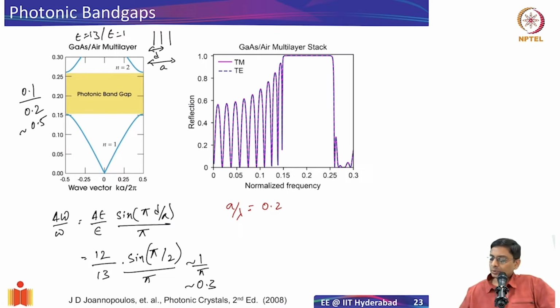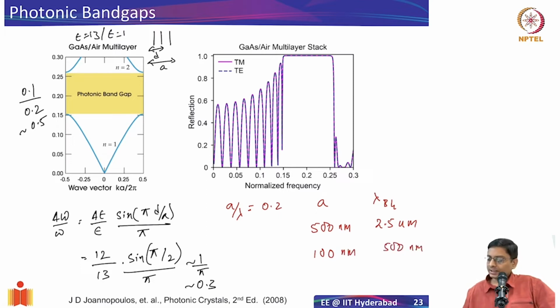Now let me choose a lattice constant a, and this is lambda band gap. If my a was 500 nanometers, immediately we can say that the lambda band gap is 2.5 micrometers. So I have to get to 100 nanometers periodicity to get a lambda band gap of 500 nanometers.